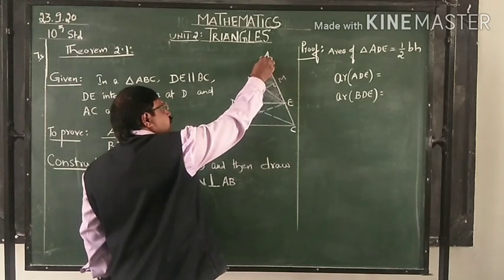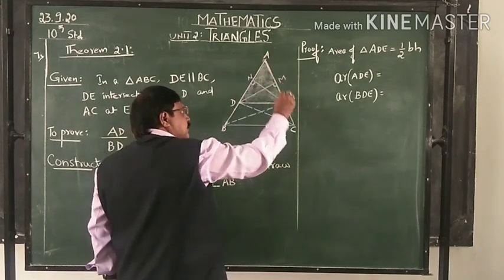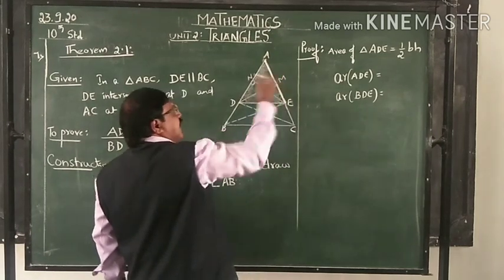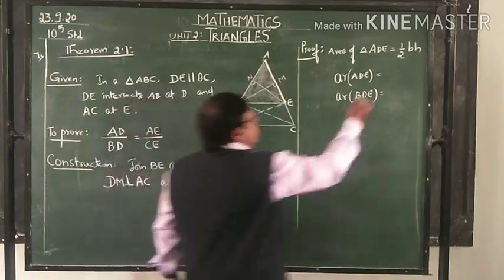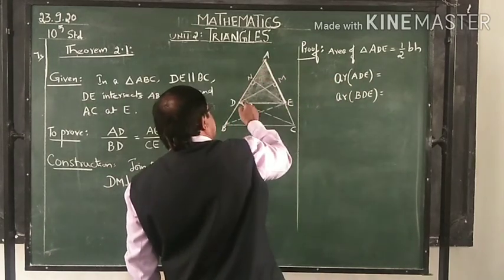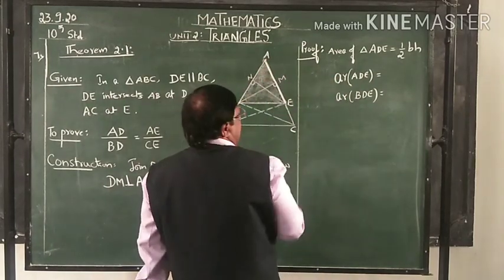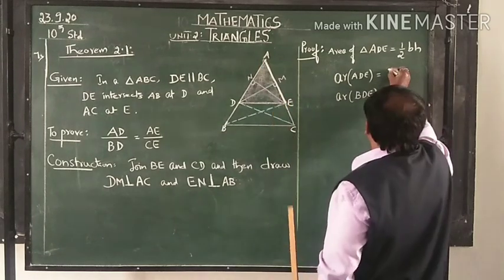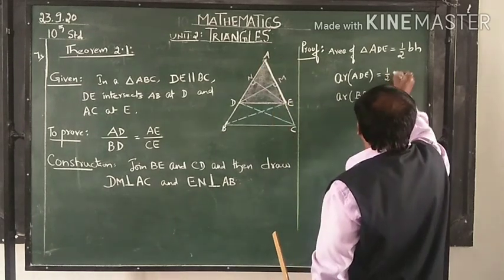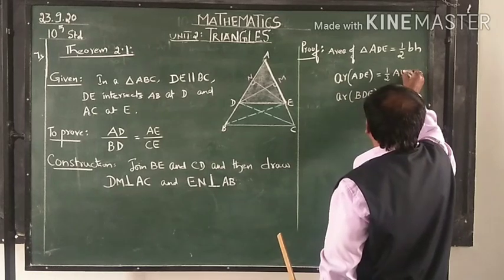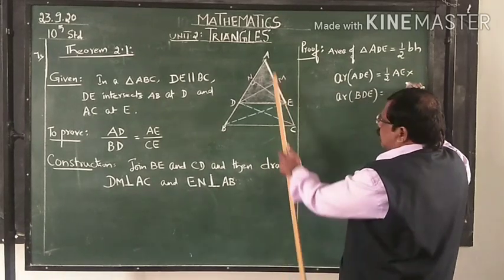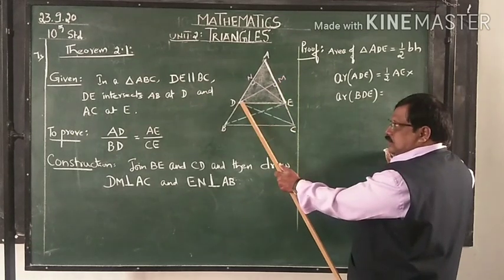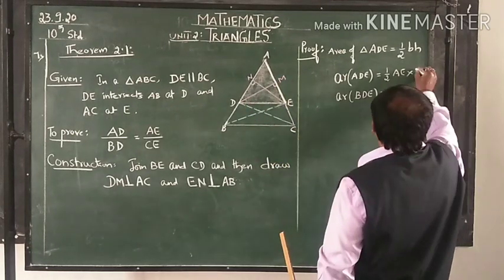I will take here AE as the base in ADE. So I can write the area of ADE: if I take AE as the base, half into AE into the altitude on the same base, that is DM.